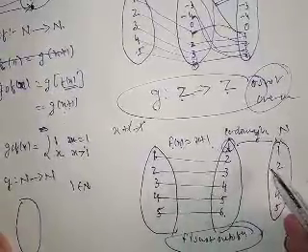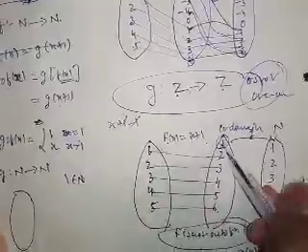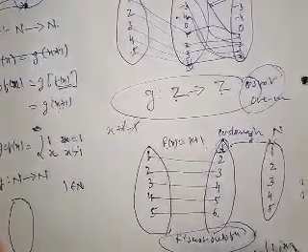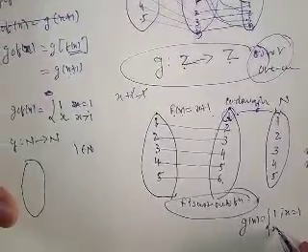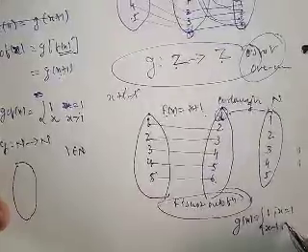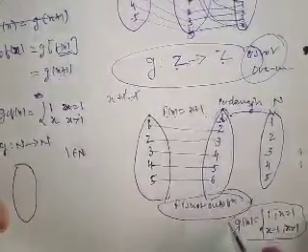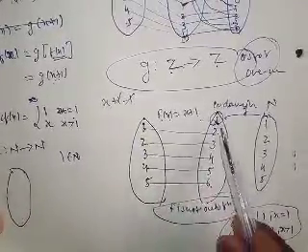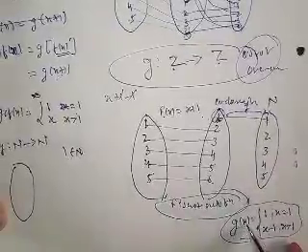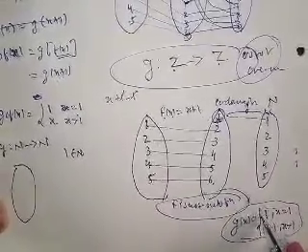So let's define g in two parts. Let us include this. g of x is equal to 1 when x is equal to 1, and g of x is equal to x minus 1 when x is greater than 1. Substitute 1: we get 1, because when x is equal to 1, the value is 1.